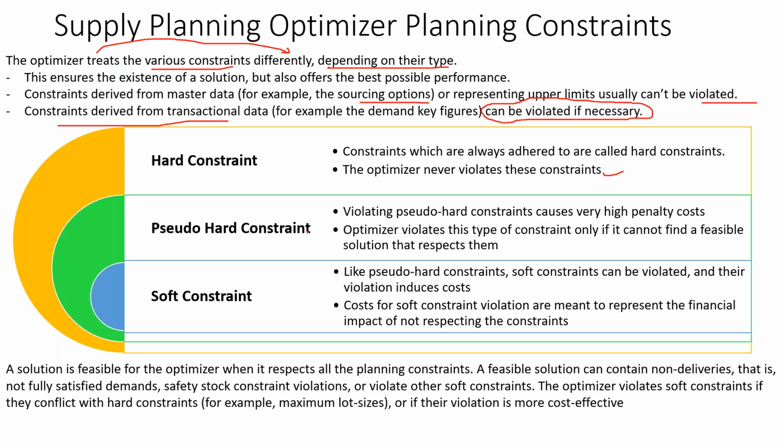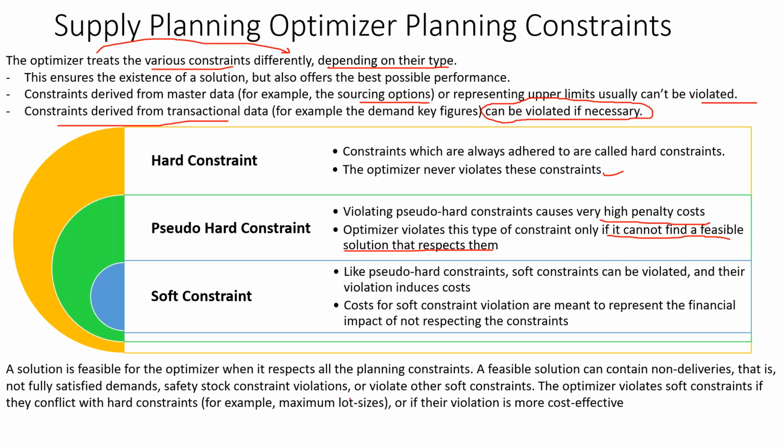For pseudo hard constraints, the optimizer will violate them, but if it violates, it incurs a very high penalty cost. And the optimizer violates this type of constraint only if it cannot find a feasible solution that respects them. If it doesn't find any feasible solution, then there's no other way. It has to violate the pseudo hard constraint so that it can come up with some kind of feasible solution, some kind of supply plan, so that the demand can be met.